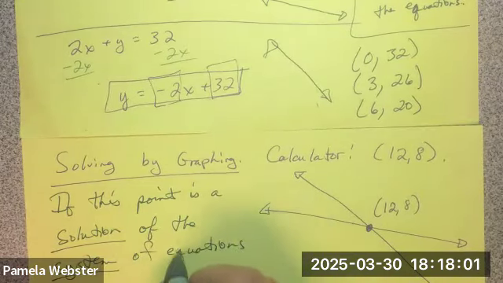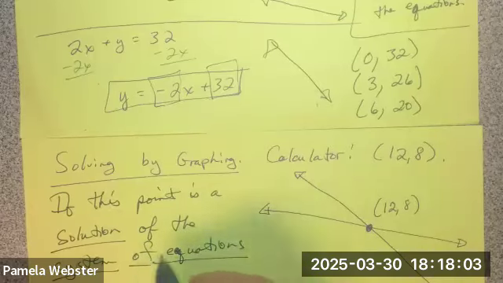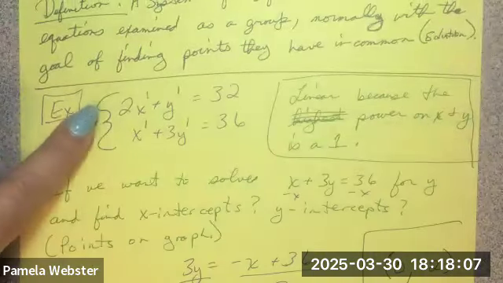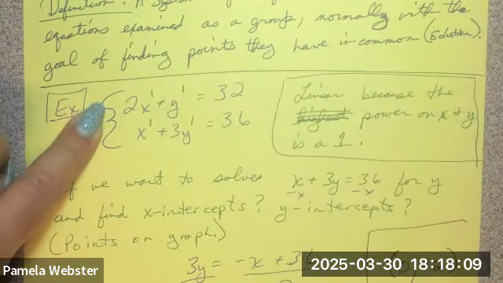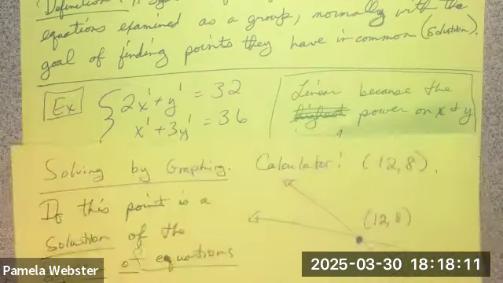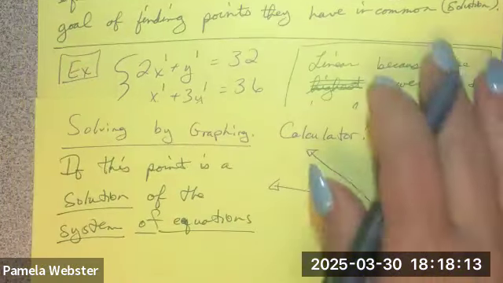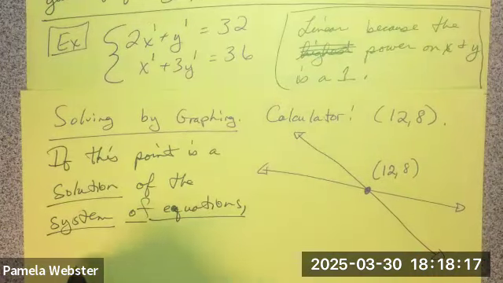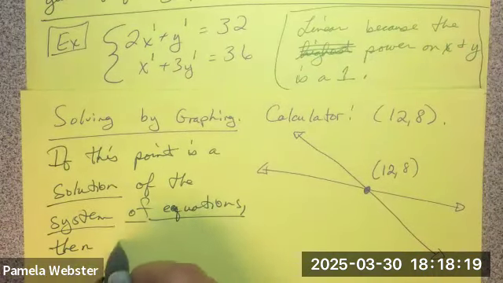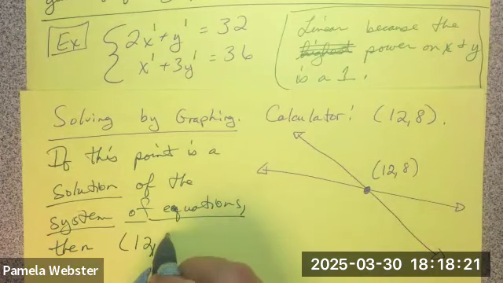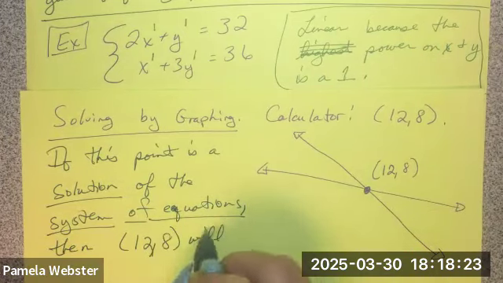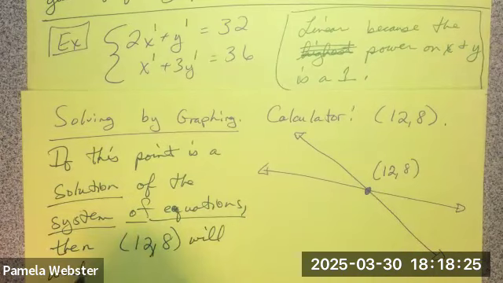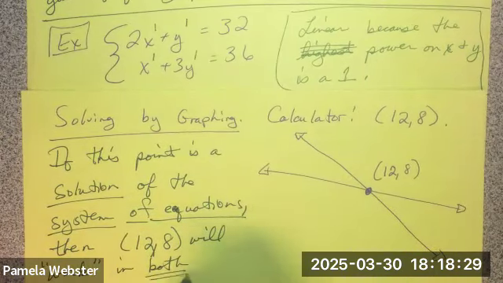Okay, what was my system again? Remember up here, we had 2 equations. This was my system that had the curly bracket on it, right? So, if this point is a solution to the system of equations, then the point 12, 8 will work in both equations.